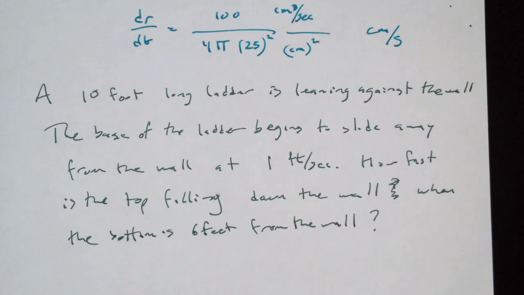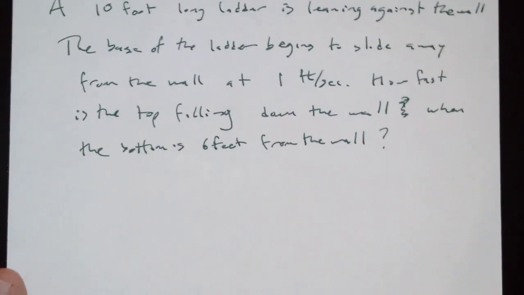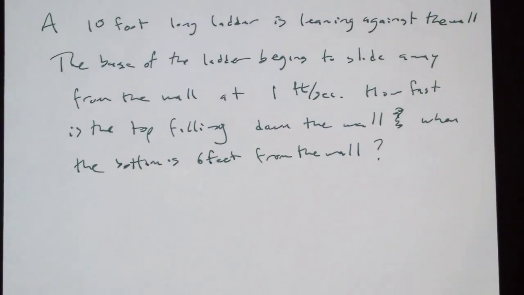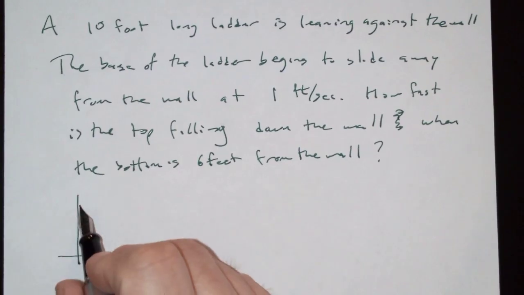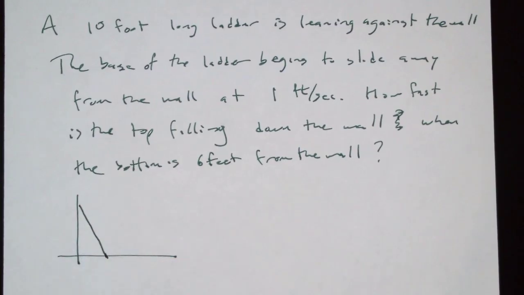So I need you to picture this, and a crappy picture helps. So let's draw a crappy picture. I have a wall, I have a floor, and I have a ladder. There we go.